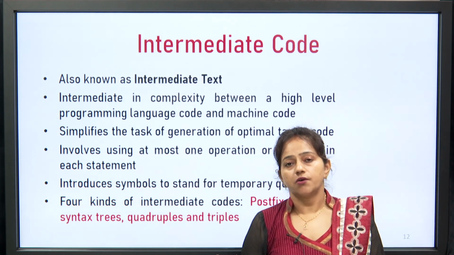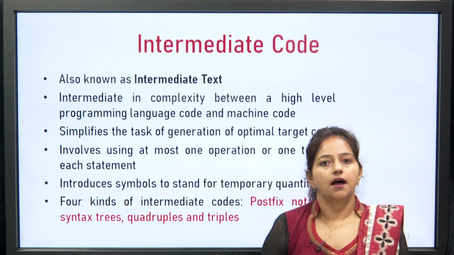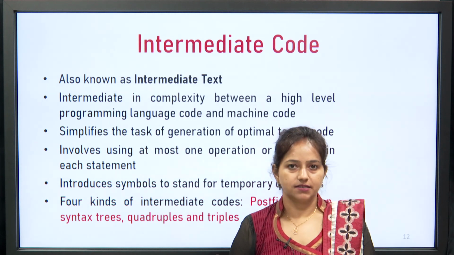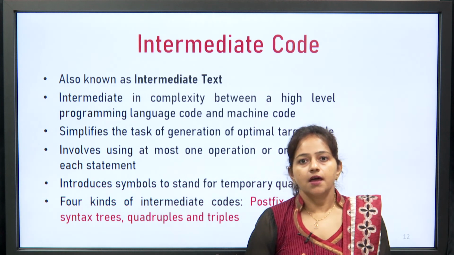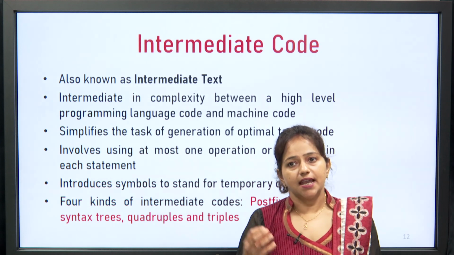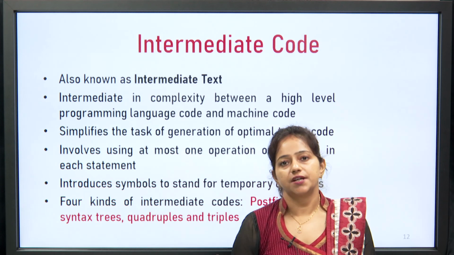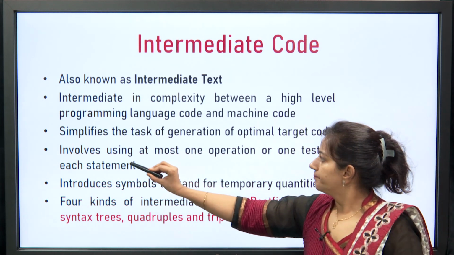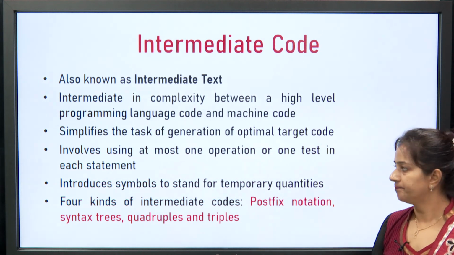No doubt the target code directly obtained will be efficient and optimal, but it will be very difficult for the compiler designer to get the target code directly. The reason is that during the translation the designer must select the appropriate registers and maintain efficient utilization of registers also. So, the task is very difficult. So, intermediate code simplifies the generation of optimal target code.